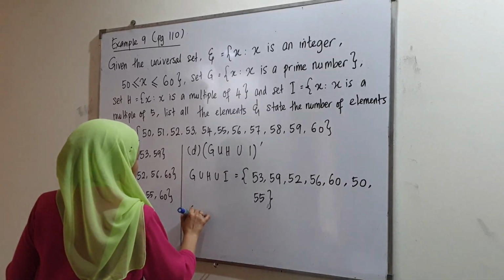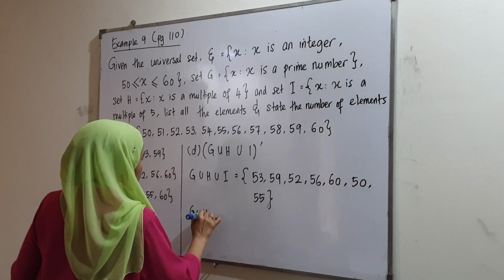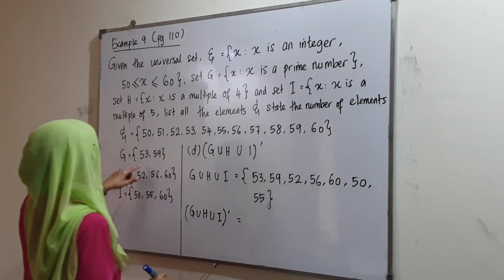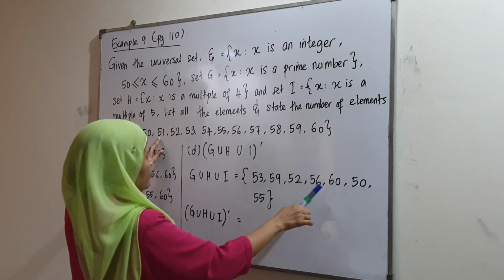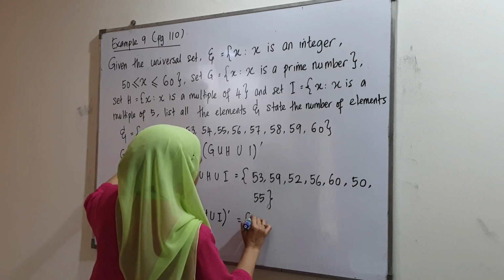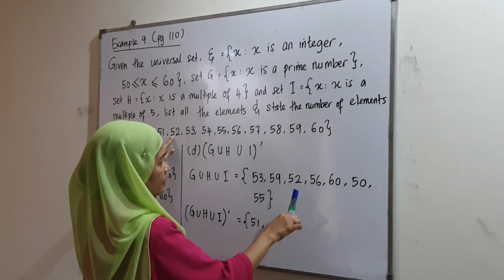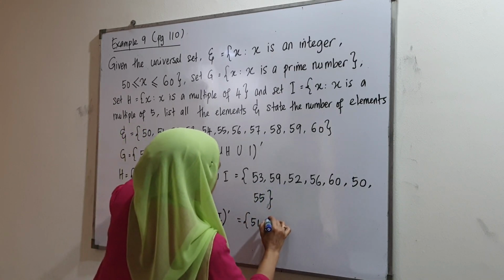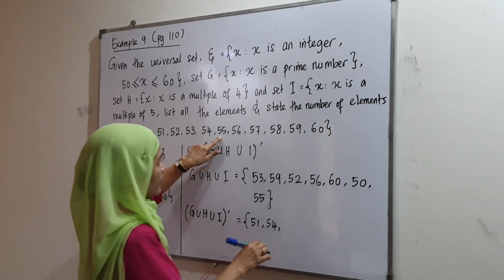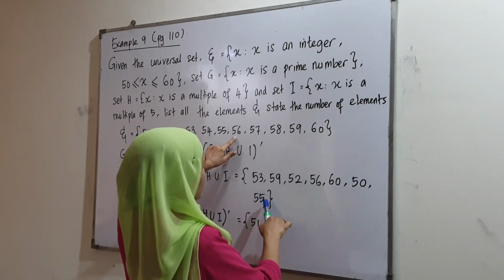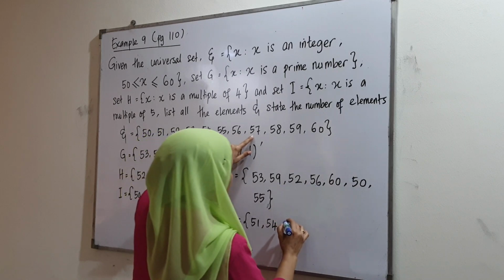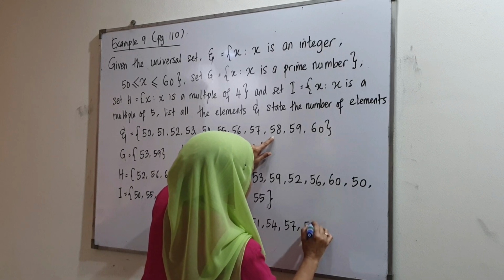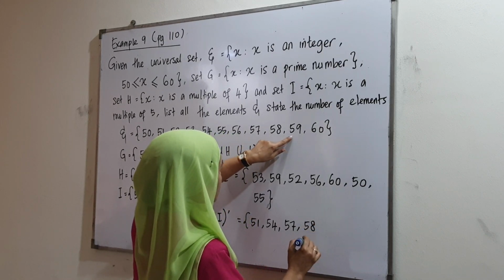Okay, we list the (G union H union I) complement. Now 50 has, 51 don't have, 52 has, 53 has, 54 don't have, 55 has, 56 has, 57 don't have, 58 don't have, 59 has, 60 has.